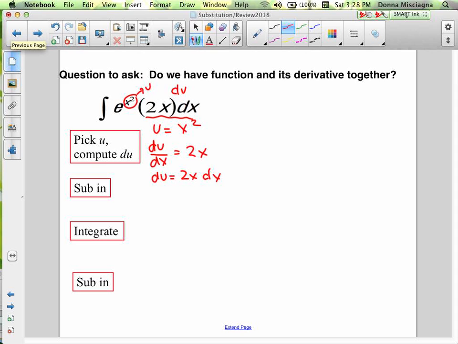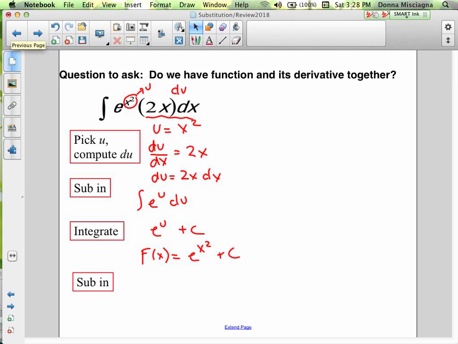All right, so then we have the integral of e to the u du. Couldn't be easier. It's e to the u plus c. All right, and now all we've got to do is replace the u. So f of x equals e to the x squared plus c. And now we can test that by taking the derivative. So here's our check.